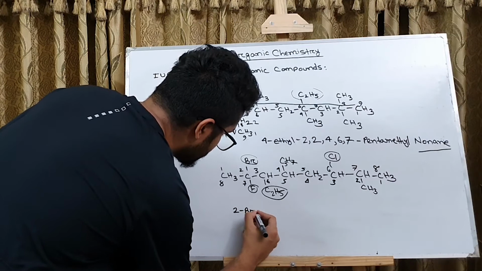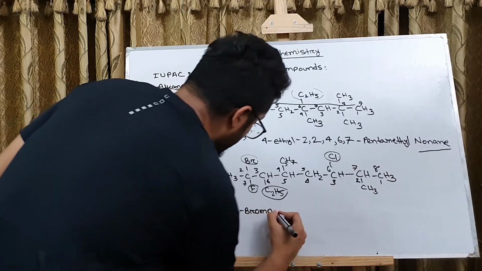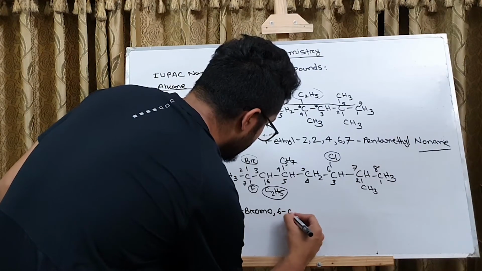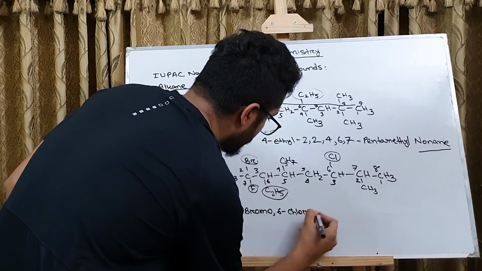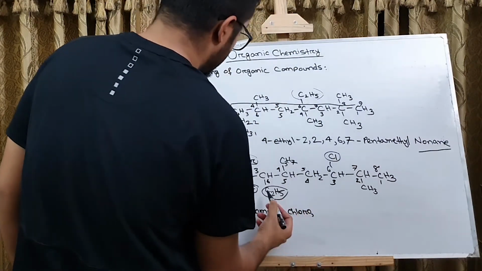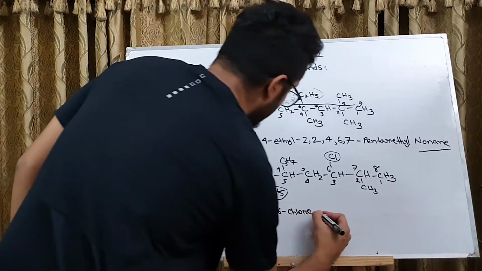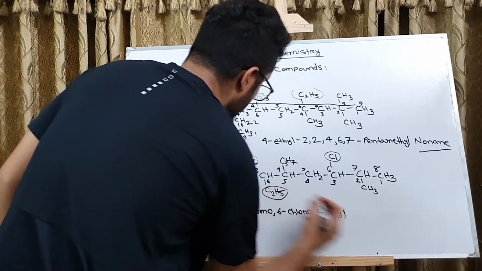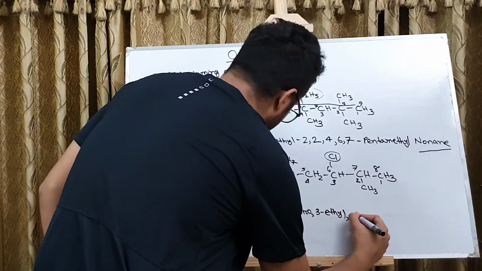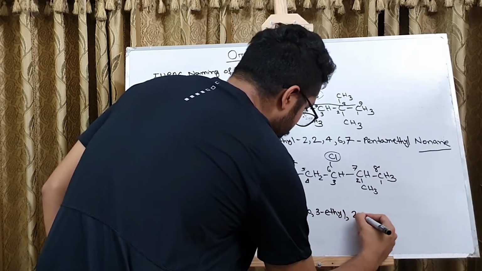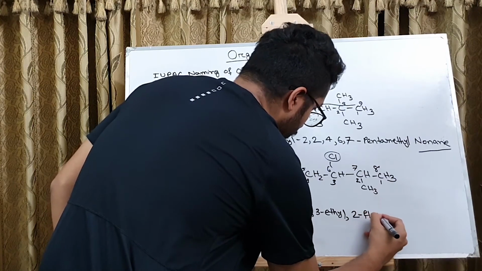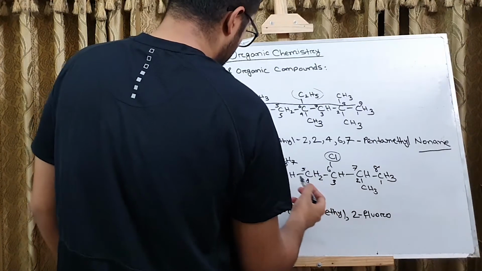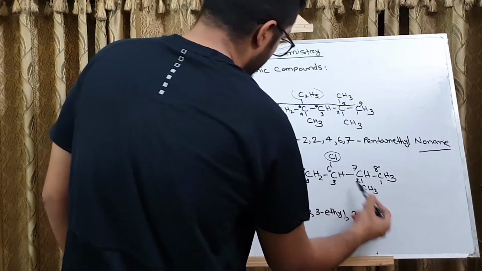2-bromo. Then I have my chlorine at 6th carbon. So 6-chloro. Then I have my ethyl at third carbon. 3-ethyl. Then fluorine at third, or I must say second carbon. 2-fluoro. Then I have a propyl and a methyl.